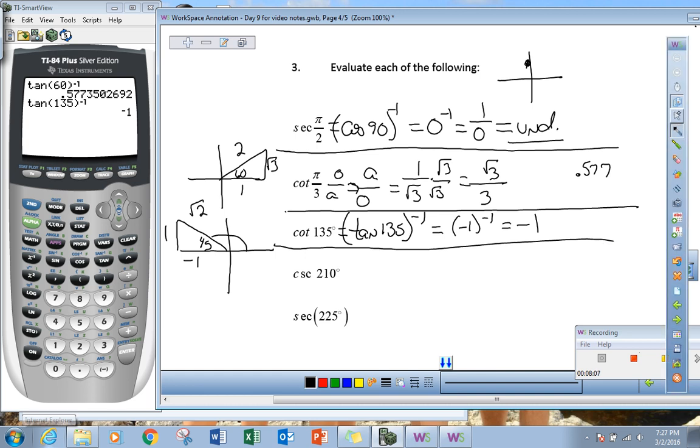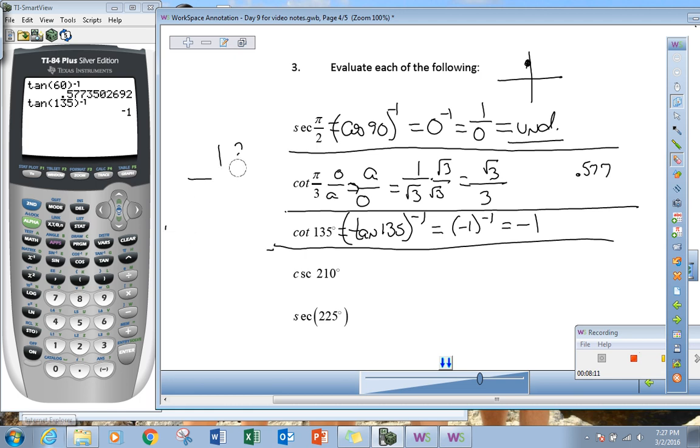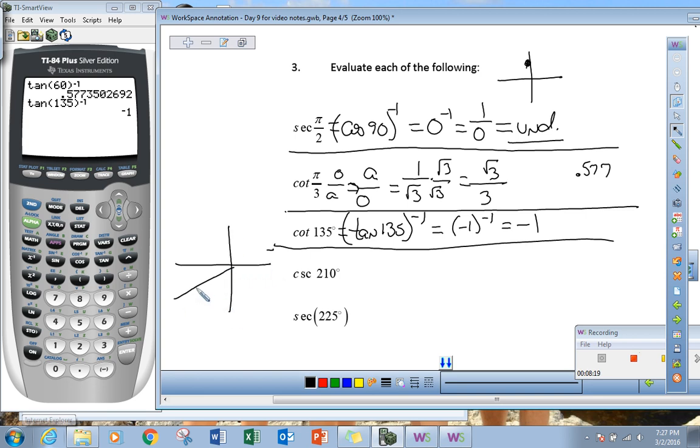Cosecant of 210. I'm going to get rid of this triangle real fast just so I have some room to draw. If we think about the triangle I got, I'm going to have a triangle right there with a 30-degree angle. That means here's my 1 as I run out of room. There's a 1 over there, a radical 3, and a 2. Cosecant is the reciprocal of the sine.